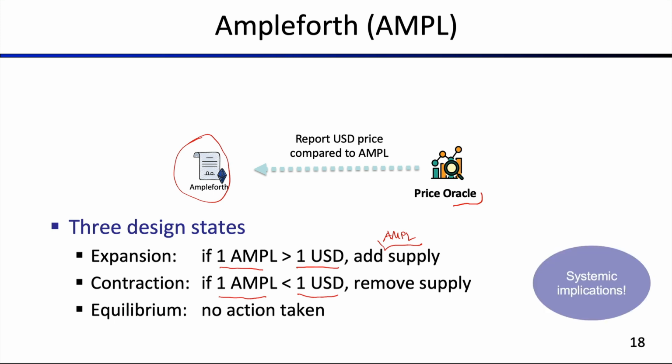You should actually realize that the contraction of an ERC20 token is something quite critical. So this could imply a systemic risk, so it has systemic implications.